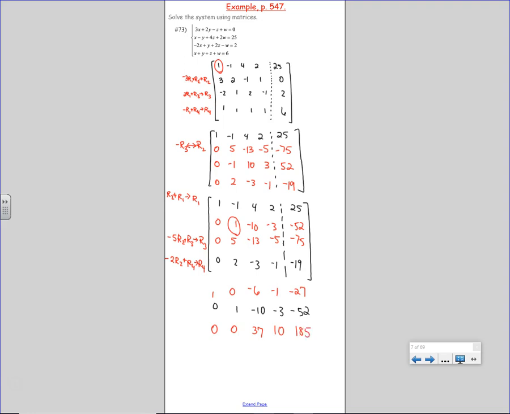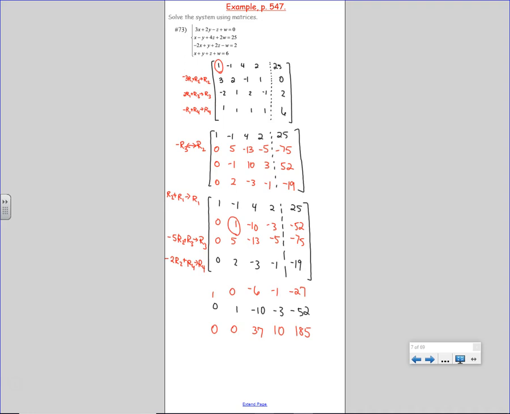Double check me, I did it fast. 0, 0, 37, 10, and 185. -5 times -3 is a positive 15 minus 10.